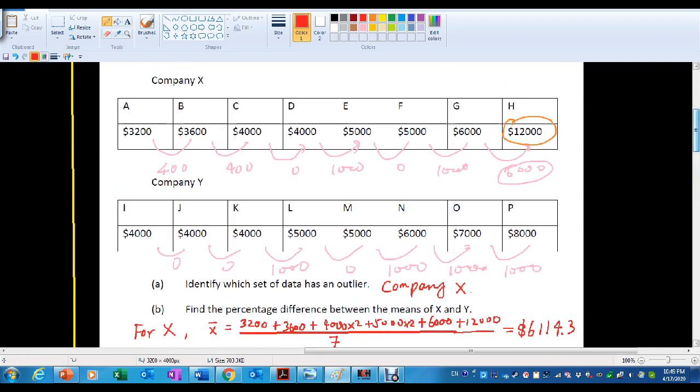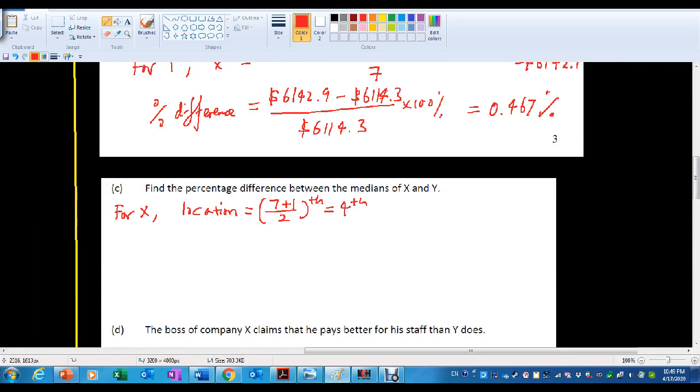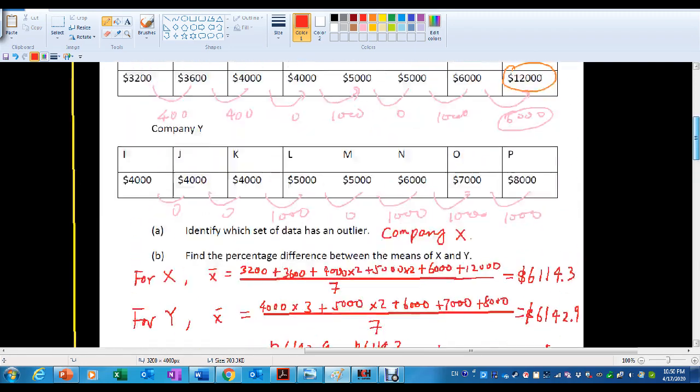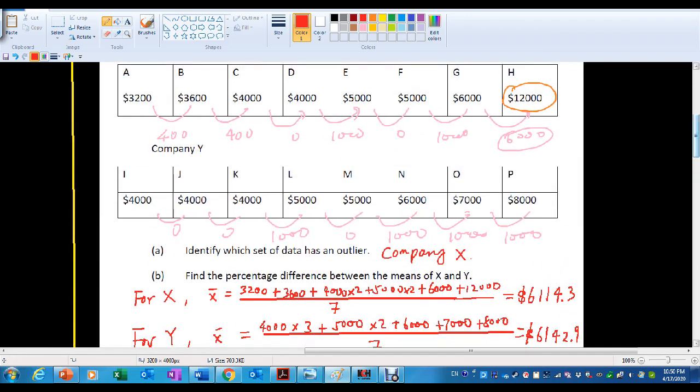And the fourth data of X is 1, 2, 3, 4, that's 4,000. For Y, the location would be the same, the fourth data. And the fourth data for Y is 5,000.